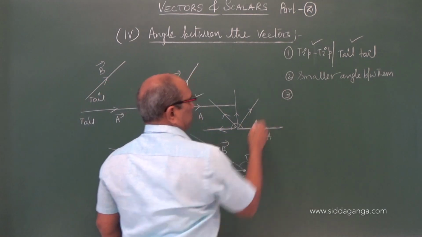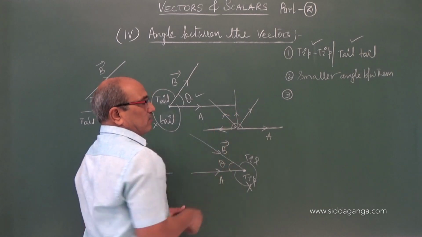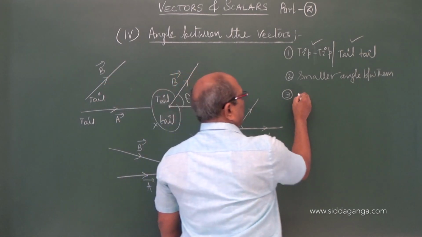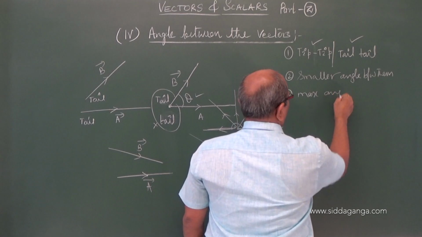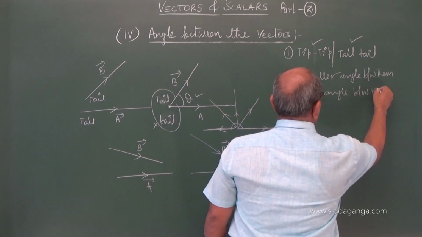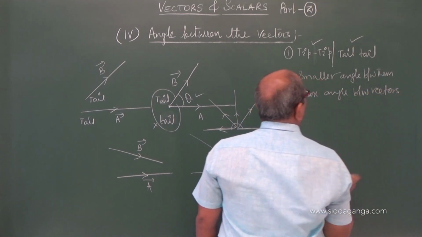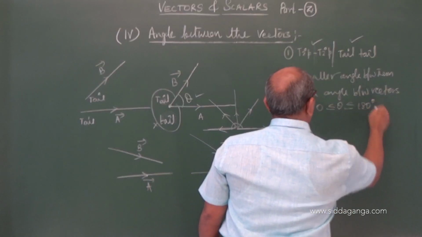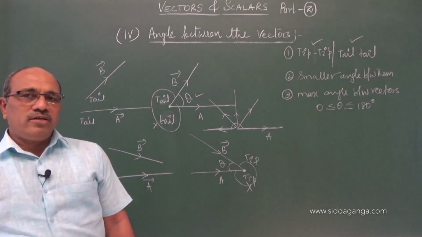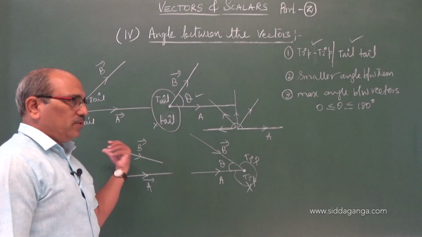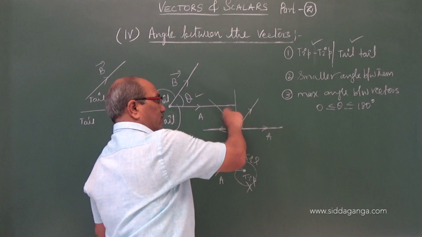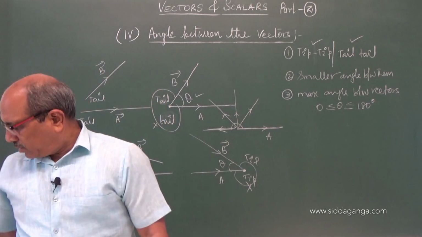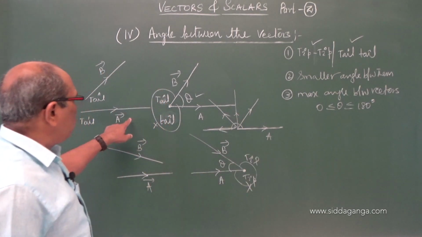You can think the angle between vectors can take a maximum, it may be 0 to 180 degree. 0 to 180 degree. It cannot be higher than that. So similarly, I hope you have followed this.